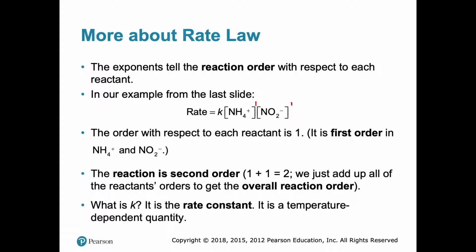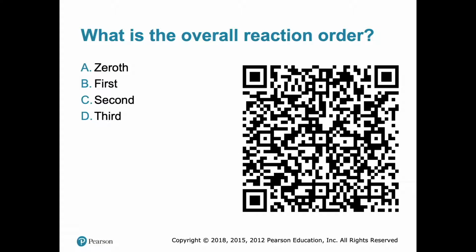So if you were here, right? So here we go. Here's your first question. Yeah, there's such a thing as a zeroth order. We'll get to that later today, but zeroth order is when you double the concentration and nothing happens. No change in the rate.